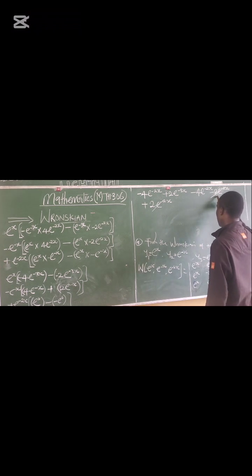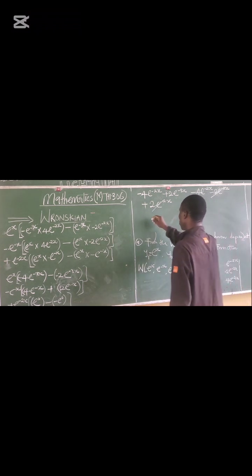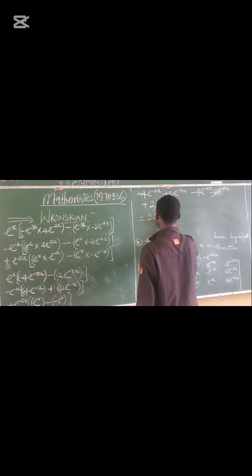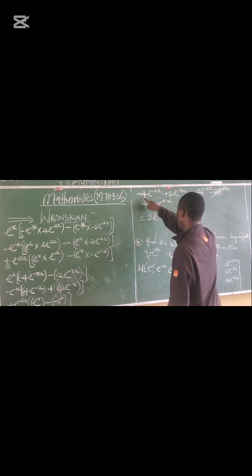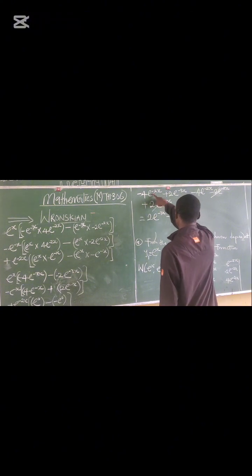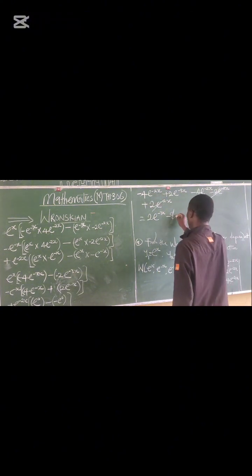I'm going to be left with 2 exponential minus 3x. Then 4 minus 4 is going to give me minus 8, so I have exponential minus 2x and exponential minus 2x, which will give me exponential minus 2x.